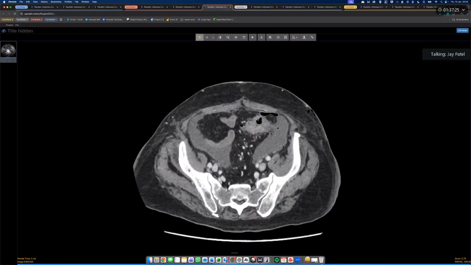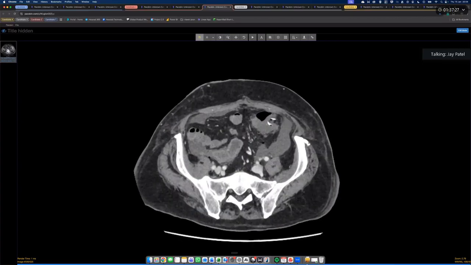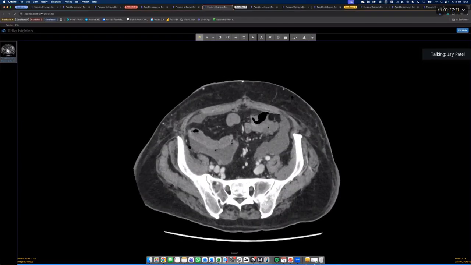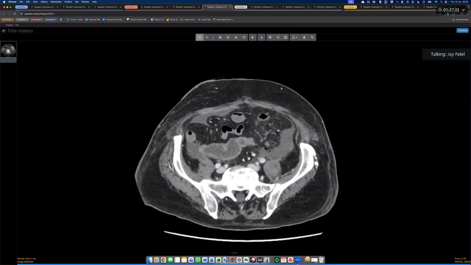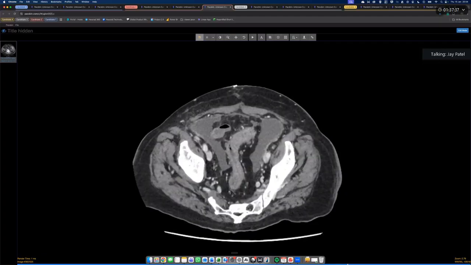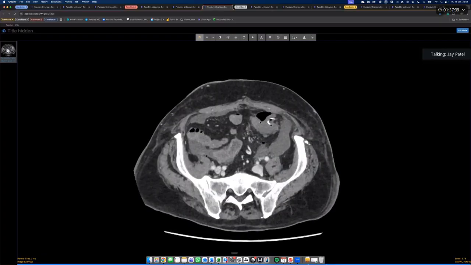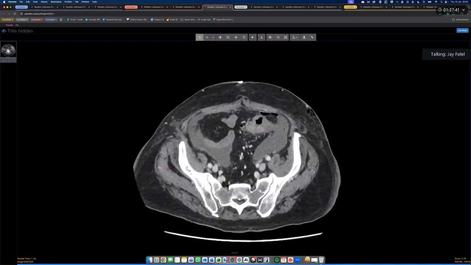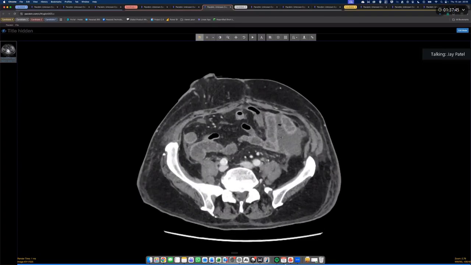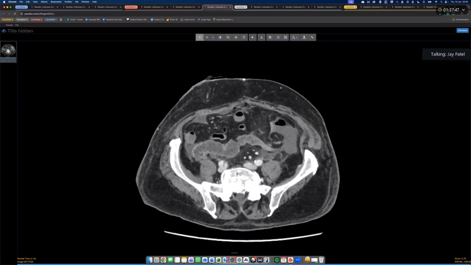And that's what's happened here. So in this patient, you've got subtotal colectomy and end ileostomy. This is a sigmoid stump. And yes, as you rightly pointed out, you've gone from enhancement to non-enhancement, and you've got loads of gas adjacent to it. So this is what's called a blown stump.